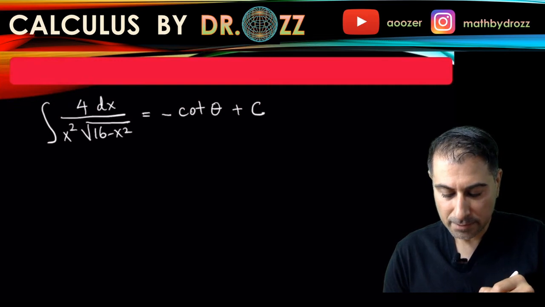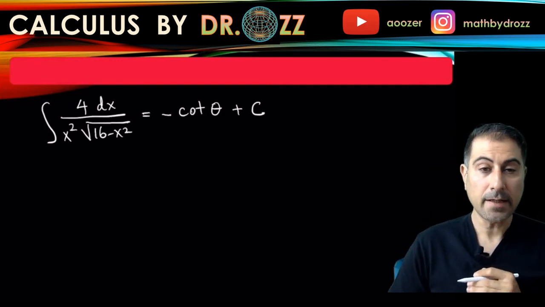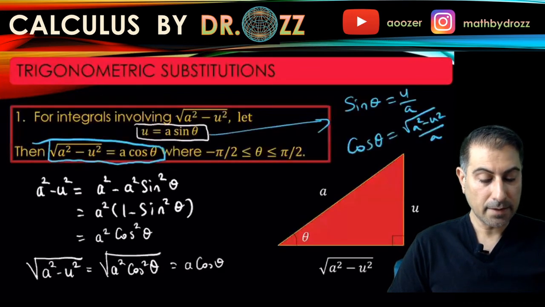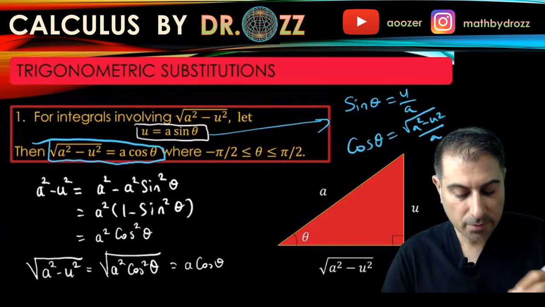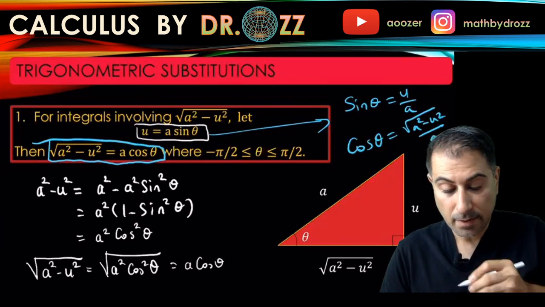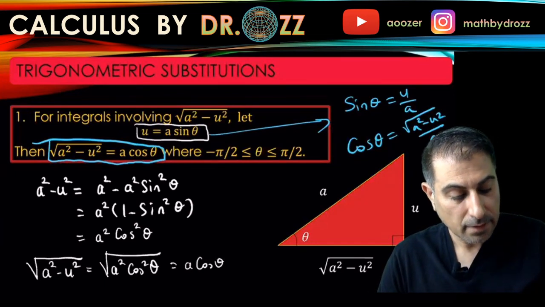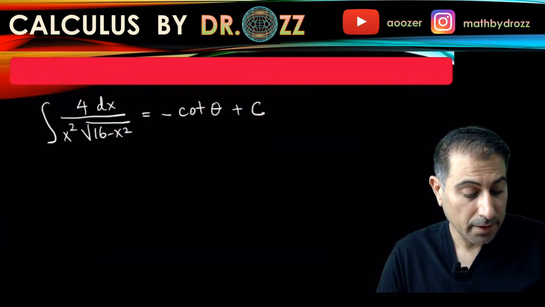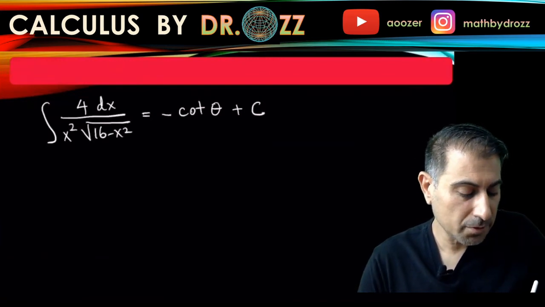Let's go back to the right triangle here. I need cotangent theta. Let me redraw the triangle here.